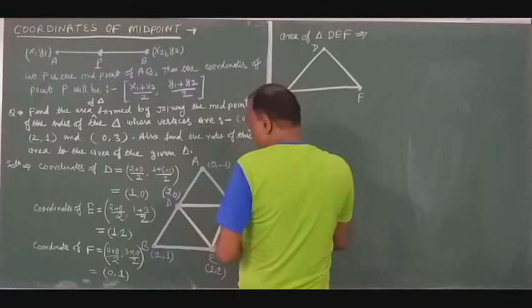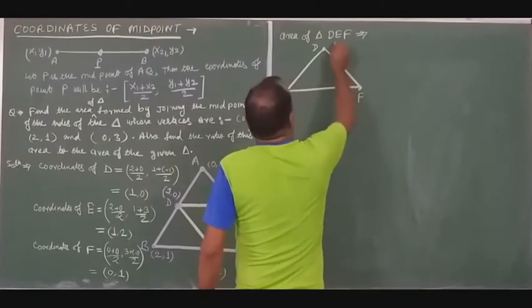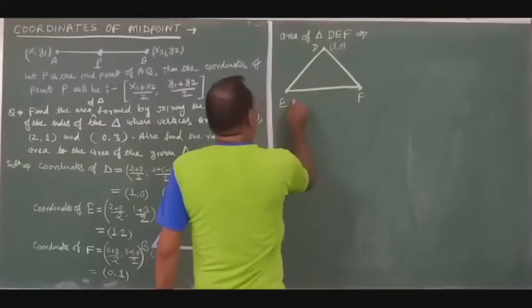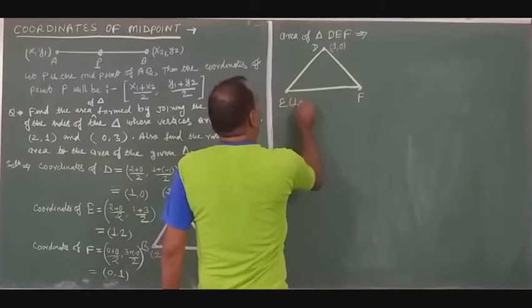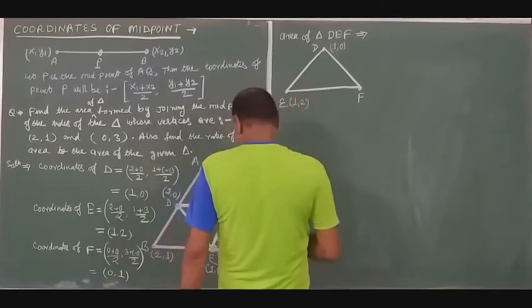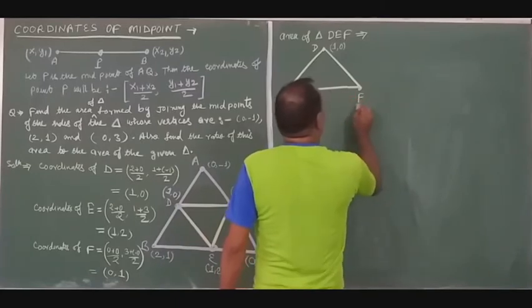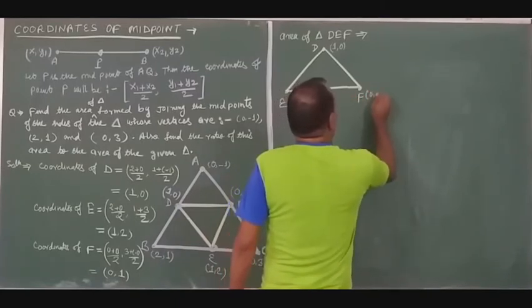What are the coordinates of point D? 1, 0. Coordinates of point E are 1, 2, and the coordinates of point F are 0, 1.